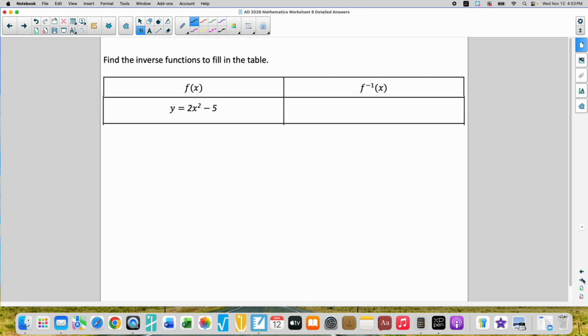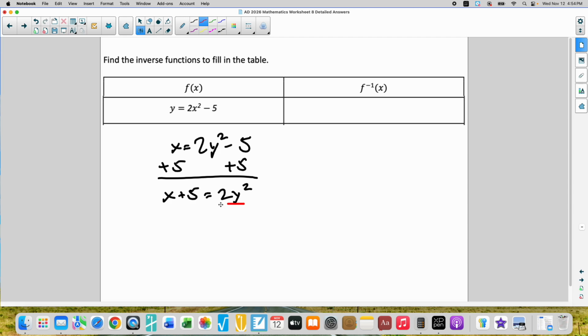This one gets a little bit more tricky because we have exponents, but still manageable. We're going to swap variables. Let's add 5 to both sides. X plus 5 equals 2y squared. Divide by 2, divide by 2. X plus 5 over 2 equals y squared.